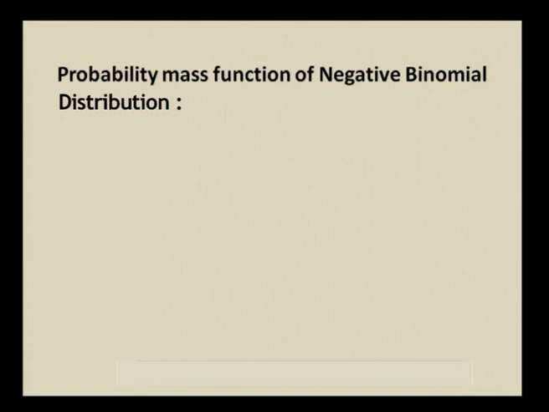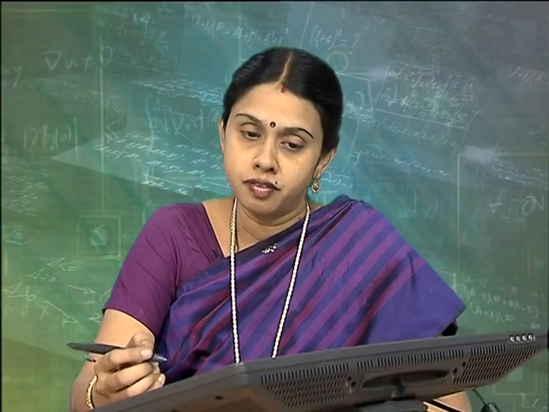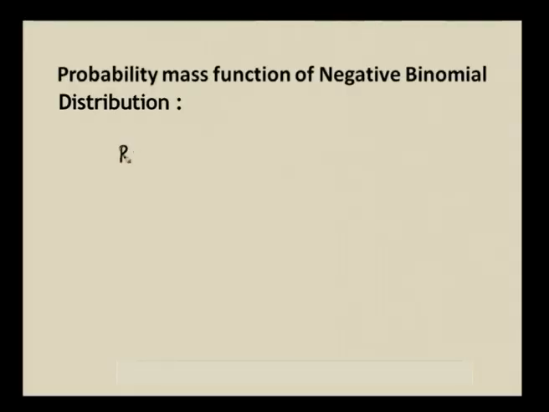So, what is the probability mass function of negative binomial distribution? The negative binomial distribution PMF is written as P of X equal to x is equal to (x plus r minus 1) C (r minus 1) p power r q power x, where p is denoting the probability of success and q is denoting the probability of failure.